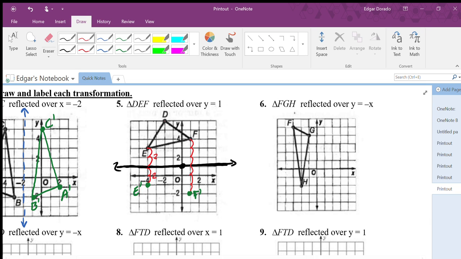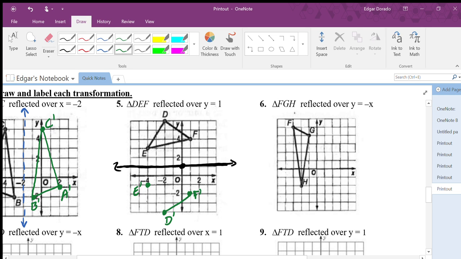Same with D. Looks like that was 5. So I have to go 1, 2, 3, 4, 5. And this is my D prime. Now I can erase all this other stuff. Let me go ahead and get rid of it. And I can connect my points.